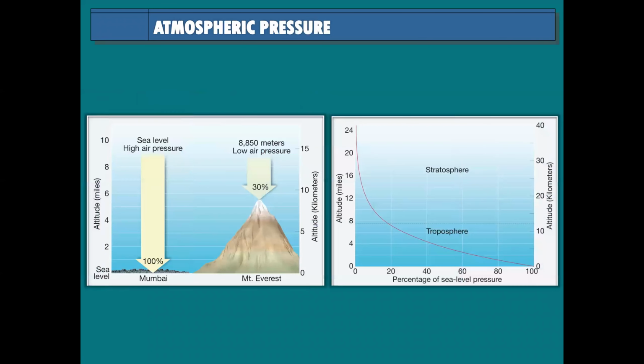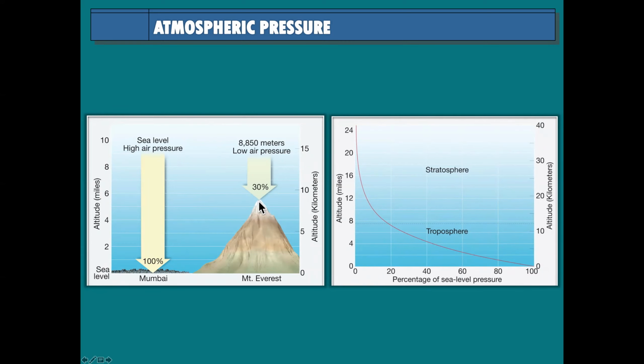So, pressure is basically the force of air directly above you, if you think of it as a column. So, pressure, like density, decreases very rapidly with height. So, for example, once you're at the top of Mount Everest, most of the atmosphere is already below you, 70% of it, in fact.